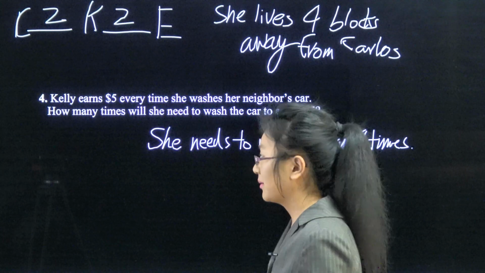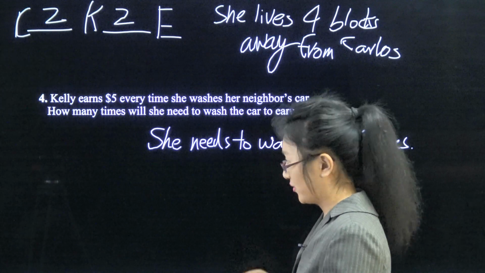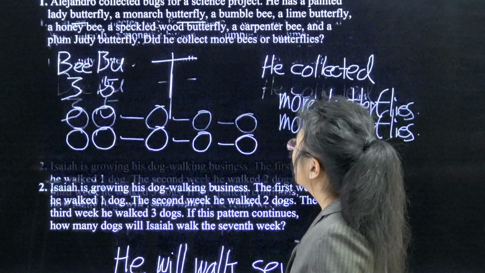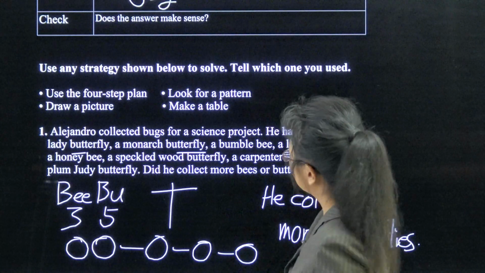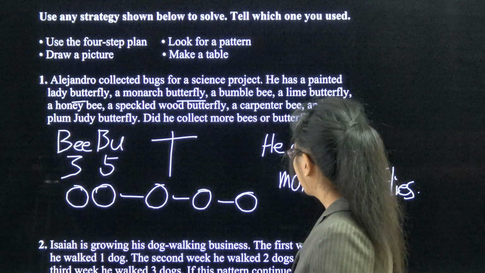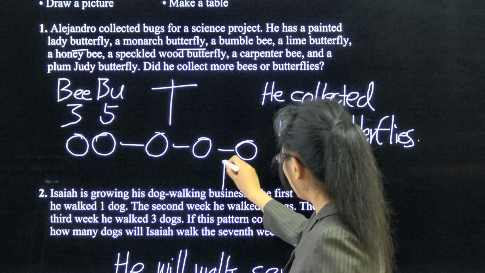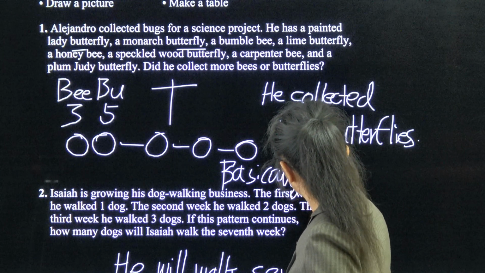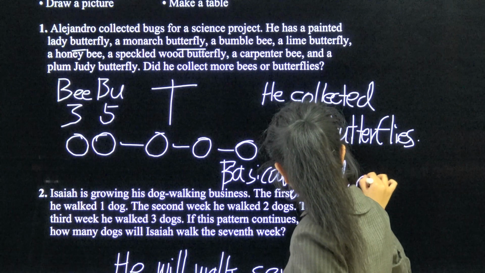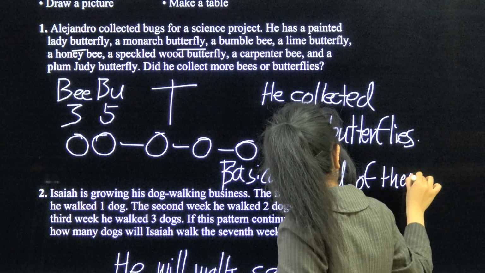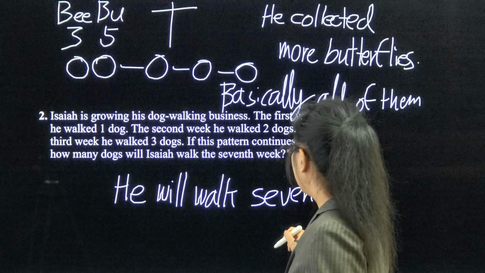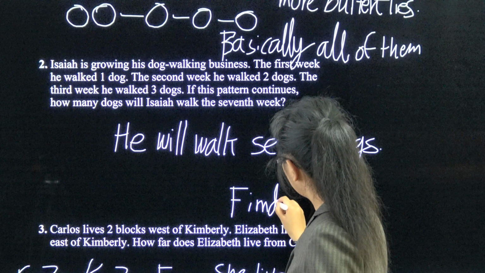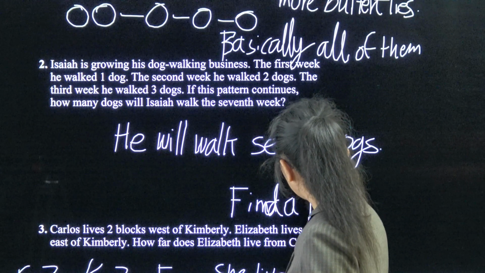We forgot something, because you don't just have to read the instructions for the question. You have to read the instruction at the top of the page, which is tell which one you used. Now over here, we used basically all of them. Now here, we did find a pattern.